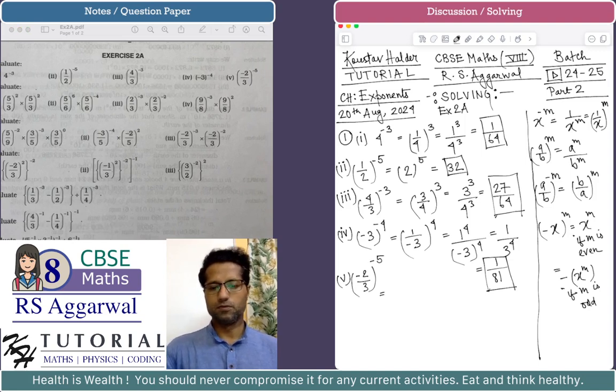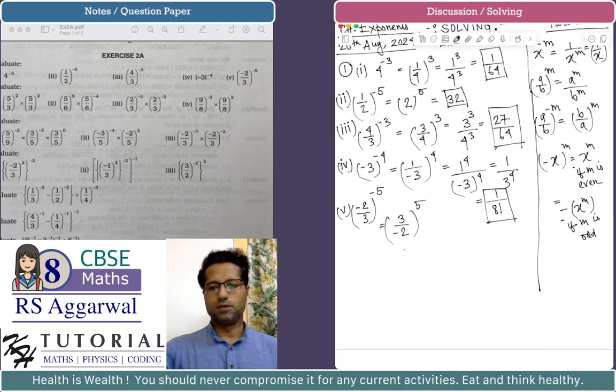So this is equal to, we will first take the reciprocal of the base, that is the reciprocal of the rational number minus 2 by 3, which will be 3 by minus 2 and power 5. Okay, so we got the form a by b raised to the power m, which is equal to a to the power m divided by b to the power m. So this is equal to 3 to the power 5 divided by minus 2 to the power 5.